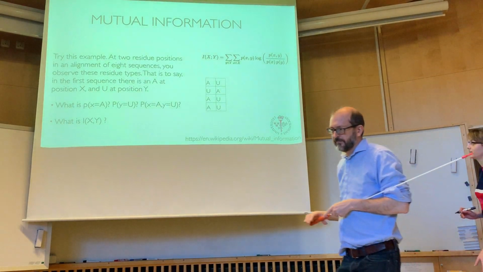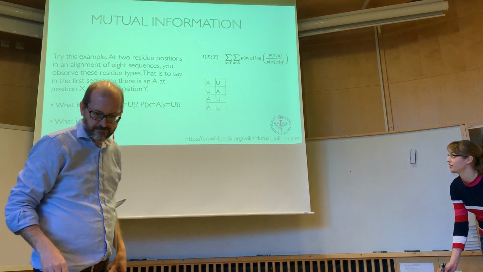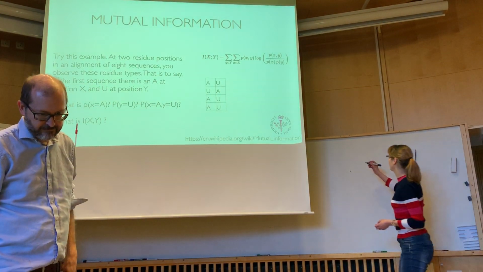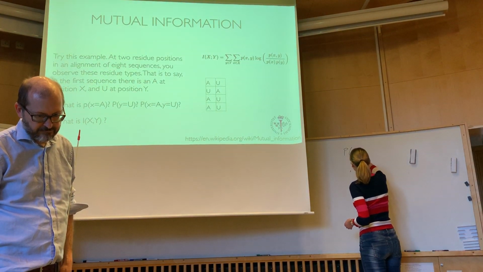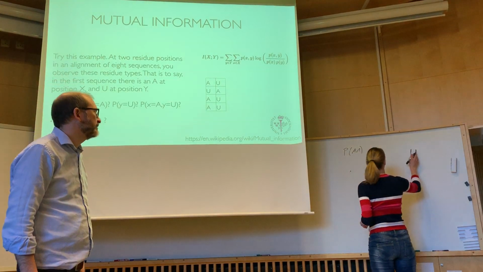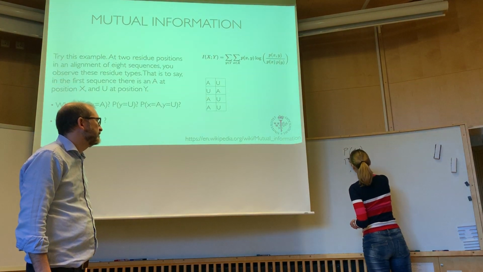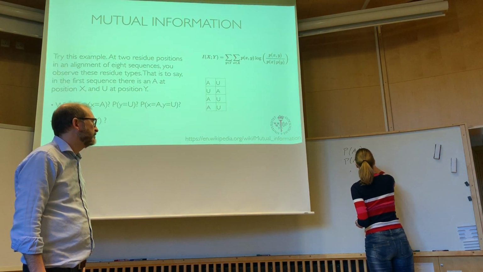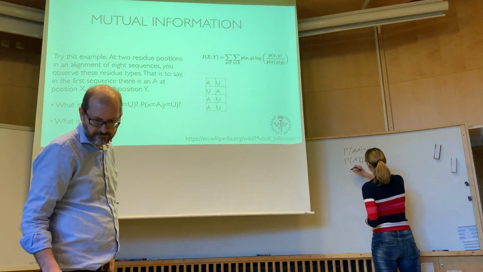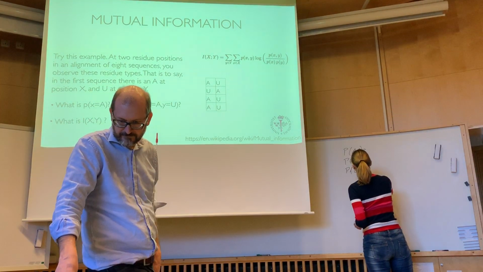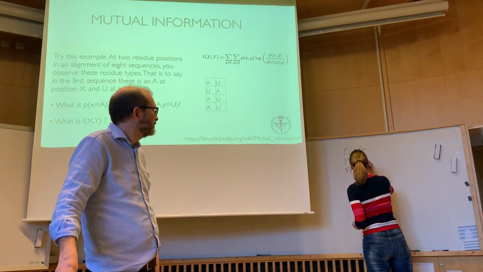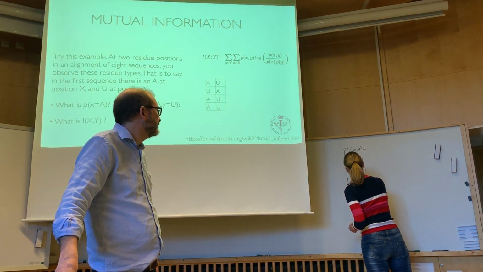Okay, so we need the different probabilities for A being in the first position, for A being in the second position, and the same for U. Sorry if you can't read my writing.